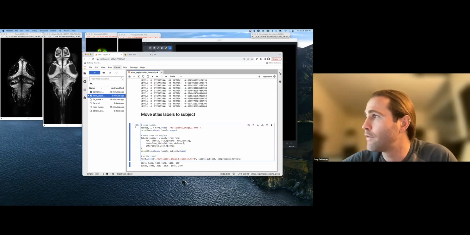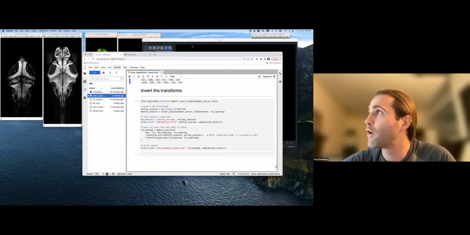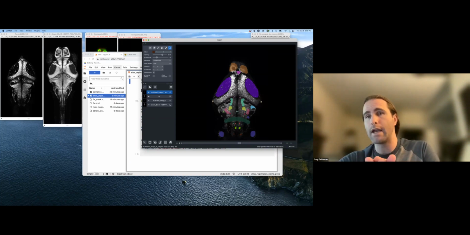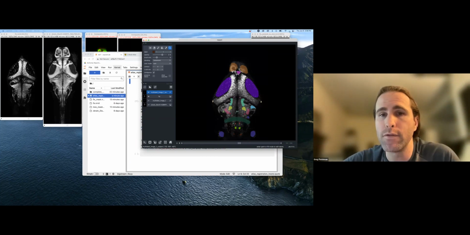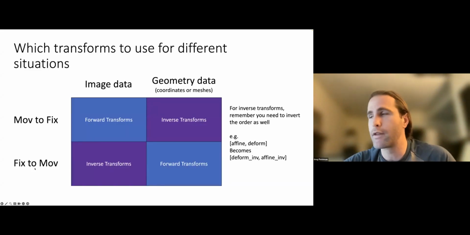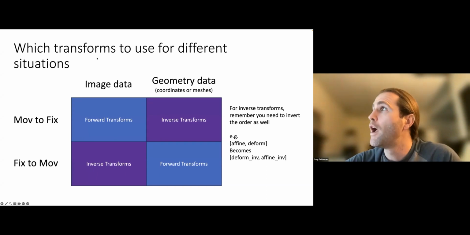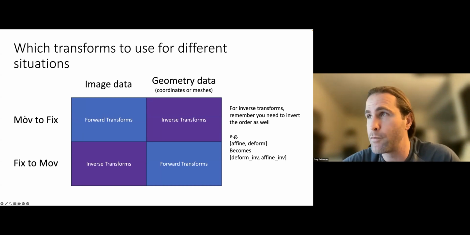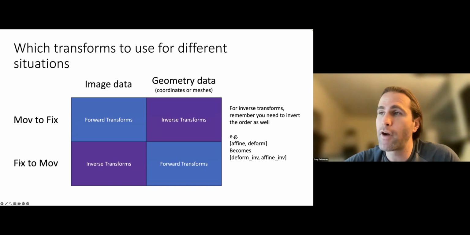Okay, last thing to say is, what if I want to move things from the subject to the atlas? All I've shown you so far is warping data from the atlas to the subject. And so I'm just going to put this slide up really quickly so that people can either screenshot or look at it in the recording, which is a summary of how to move the things you want to move. So on the left, the rows here are, say I want to move something from the moving image to the fixed image. In this case, the atlas was the moving image. Or I want to move something from the fixed image to the moving image.